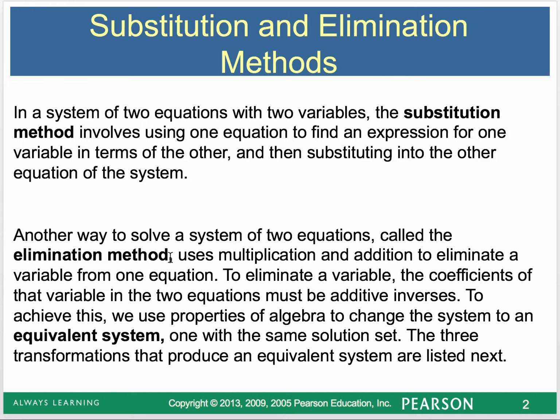In the elimination method, we're going to make the coefficients on the same variable in each equation the same, one a plus and one a minus, so that I can add them together and eliminate one of the variables. If that sounds crazy, after we see a couple of examples, it should be clear.